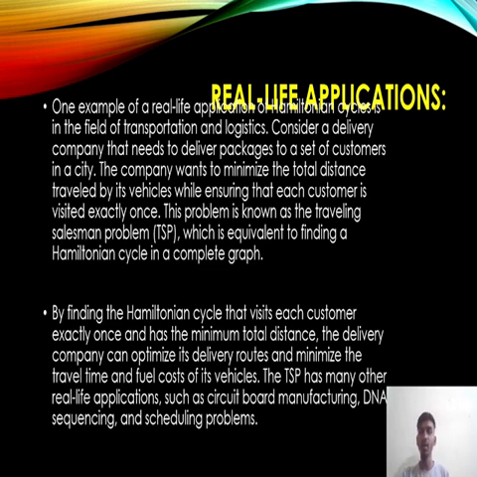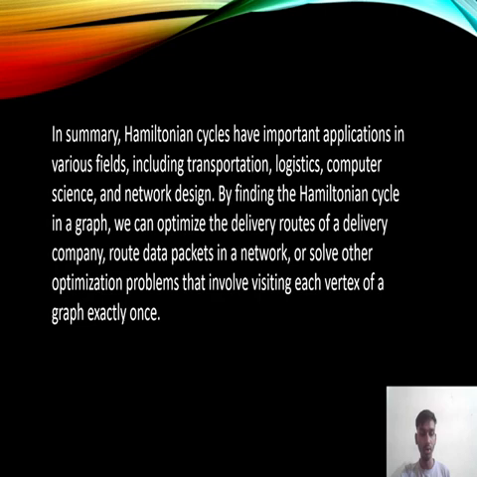By finding the Hamiltonian cycle that visits each customer exactly once and has the minimum total distance, the delivery company can optimize its delivery routes and minimize the travel time and fuel cost of its vehicles. TSP has many other real-life applications such as circuit board manufacturing, DNA sequencing, and scheduling problems.